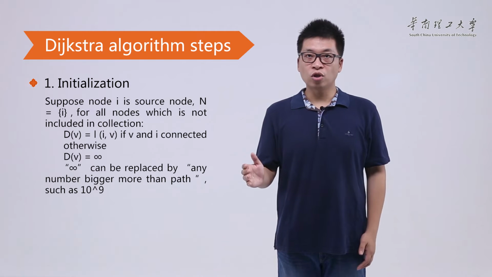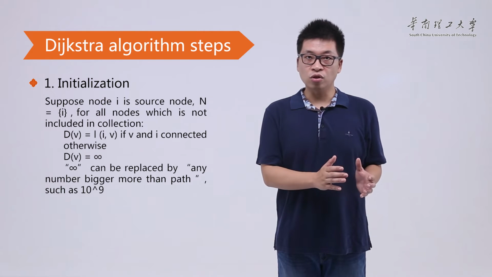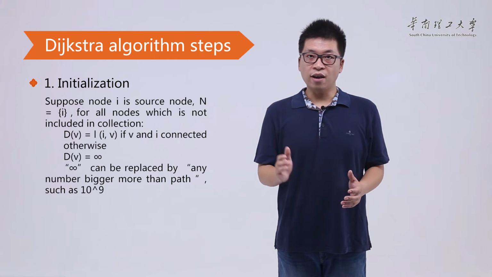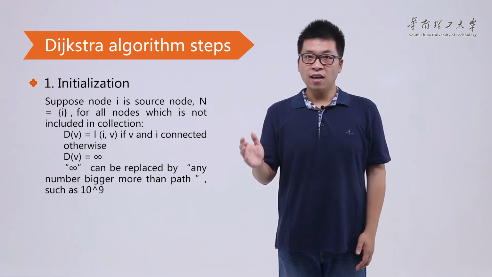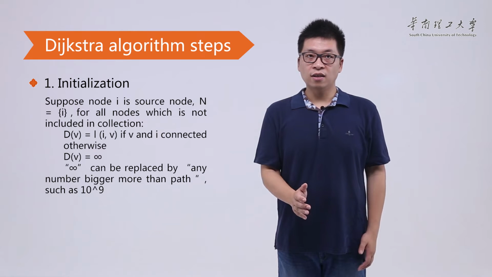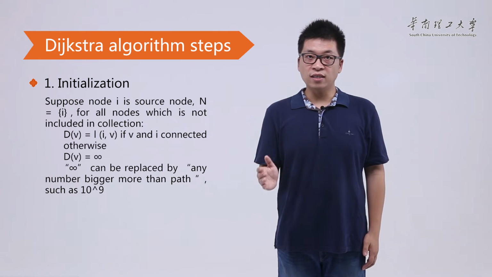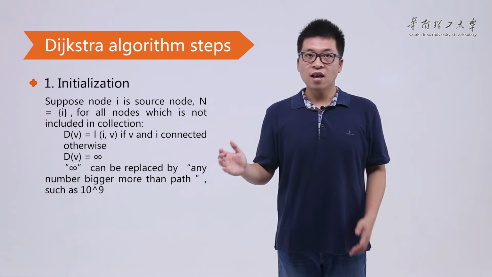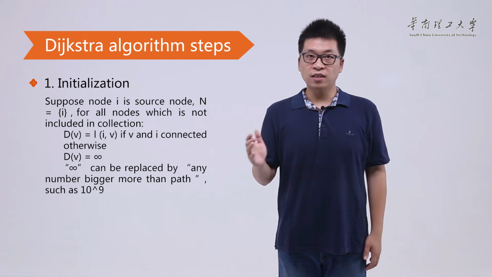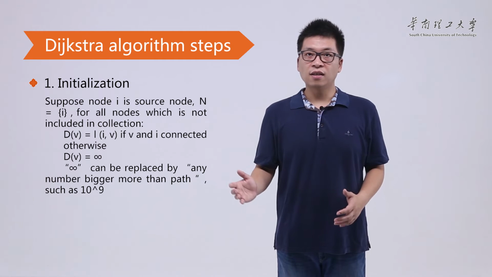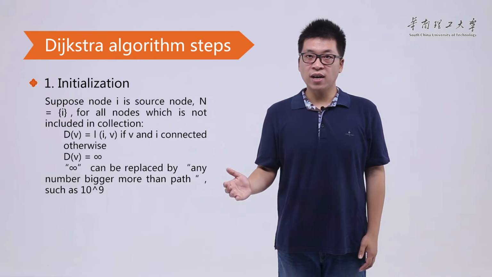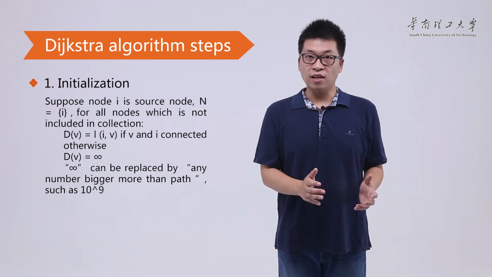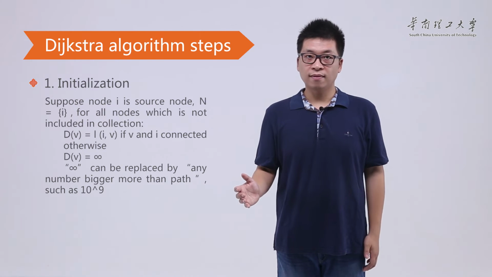For all nodes which are not included in the collection, dV equals L(I,V) if V and I are connected, in which L is the weight on the line. Otherwise, if V and I are not connected, we set dV as infinity. Infinity can be replaced by any number bigger than any path, such as 10 to the power of 9.